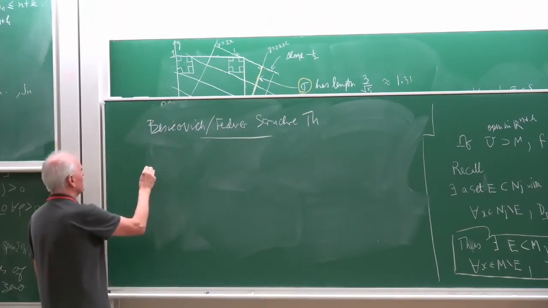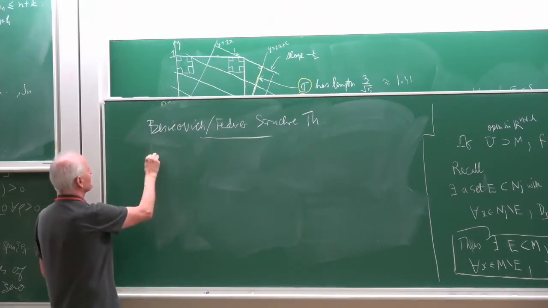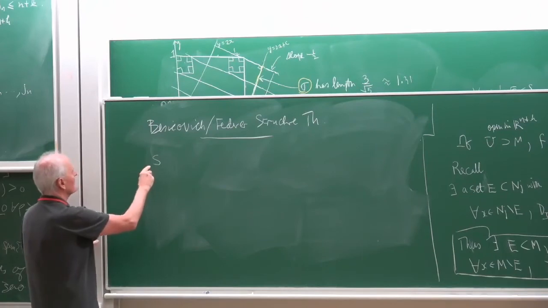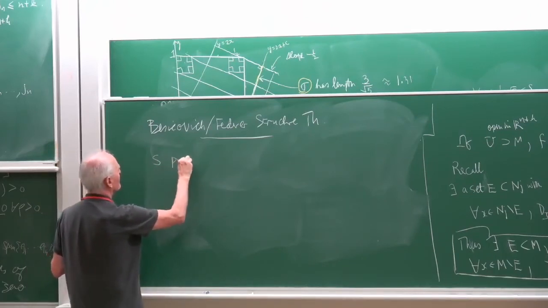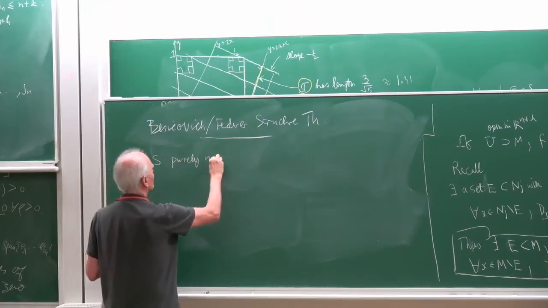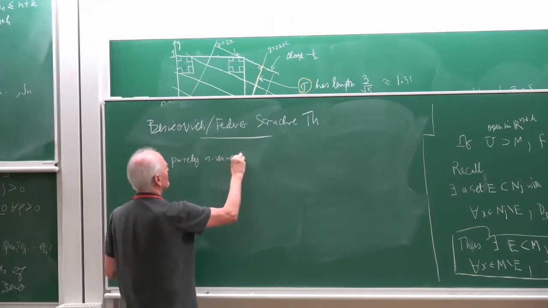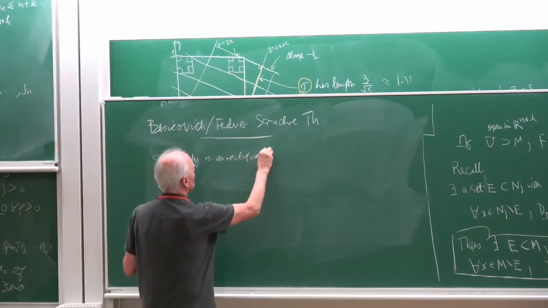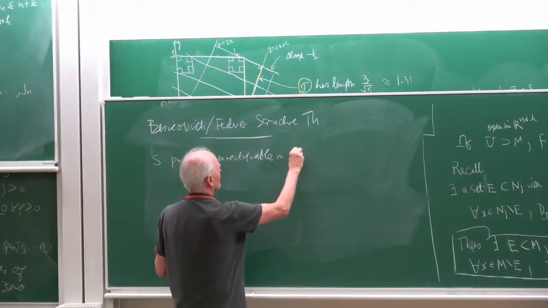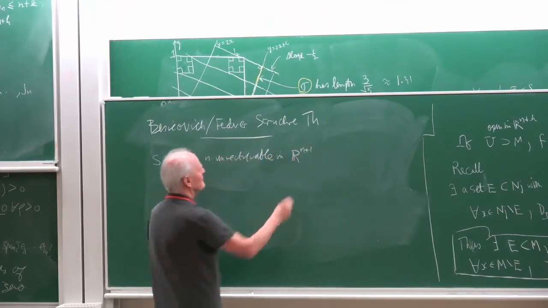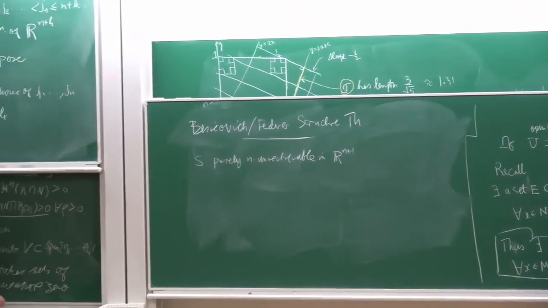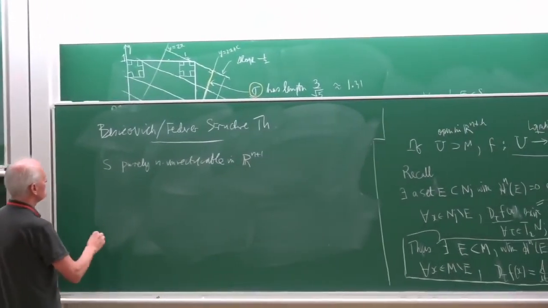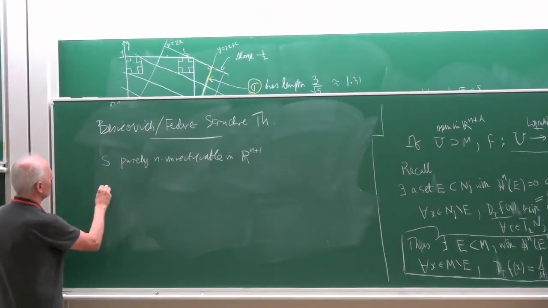That says, well, let me do the codimension 1 case first, since it's easier to explain. So S, purely n unrectifiable in R^(n+1). I'll mention the general case in just a minute, but this case is easier to explain. And consider, take orthogonal projections.